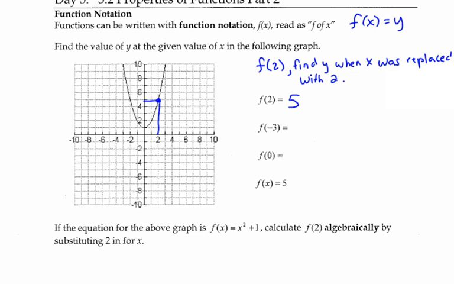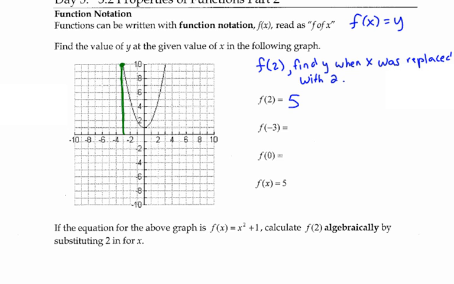Okay, so next one, f of negative 3. What does that mean? What's been replaced? The x is replaced with negative 3. So when x is replaced with negative 3, I'm pretty sure it's 10.